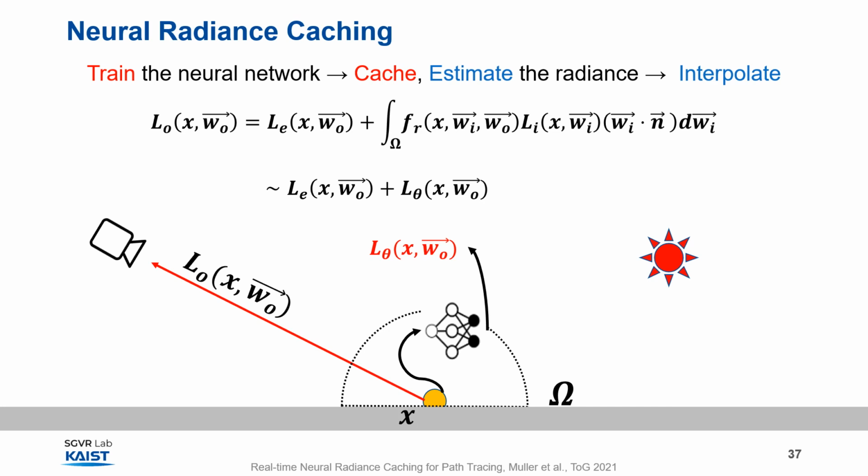Suppose we have such a neural network that can estimate the reflected radiance. Then, the training of the neural network can be viewed as caching the radiances implicitly in the neural network. And also, estimating the radiance using the neural network can be viewed as the neural network implicitly interpolating the cached radiances, and this is why the work is called neural radiance caching.